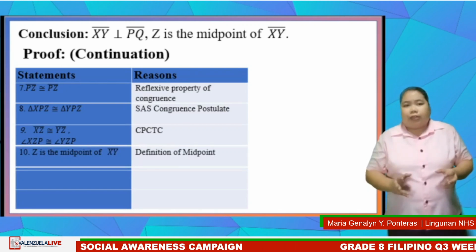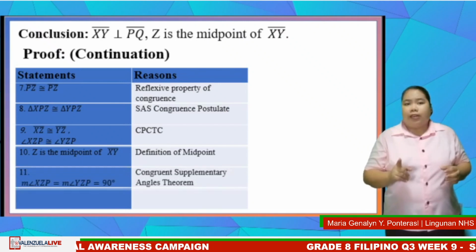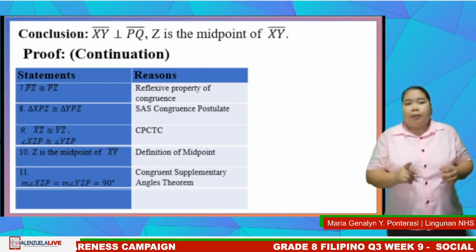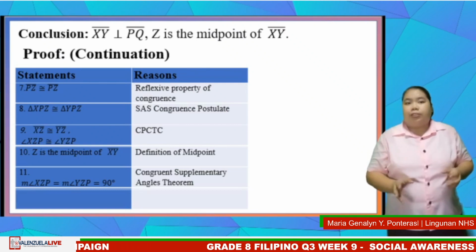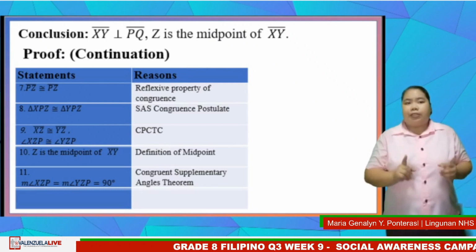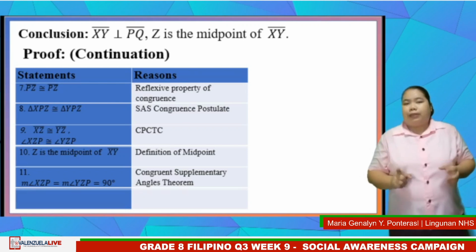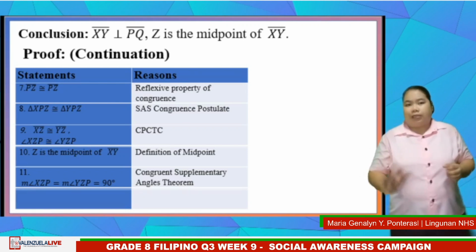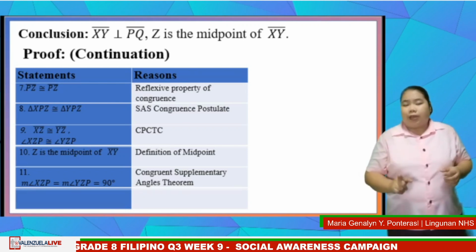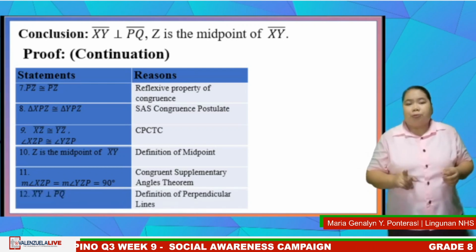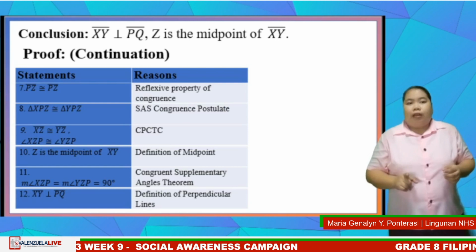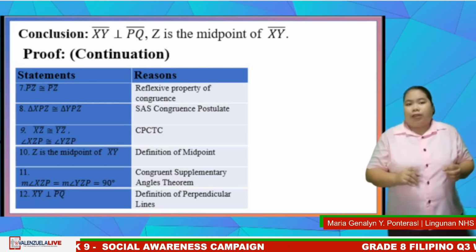Then the next one, the measure of angle XZP is equal to the measure of angle YZP is equal to 90 degrees. The reason is congruent supplementary angles theorem. Then the last one, we can say that segment XY is perpendicular to segment PQ. Definition of perpendicular lines.